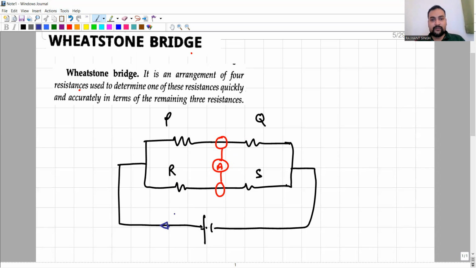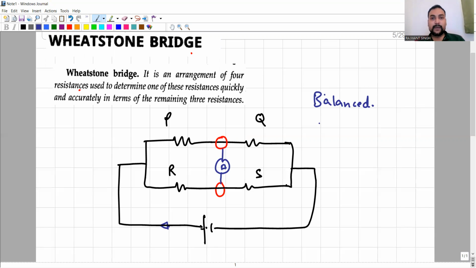Now, when this ammeter reading is zero, that means there is no current flowing from here to here. If the ammeter reading is zero, then this is called a balanced Wheatstone bridge.